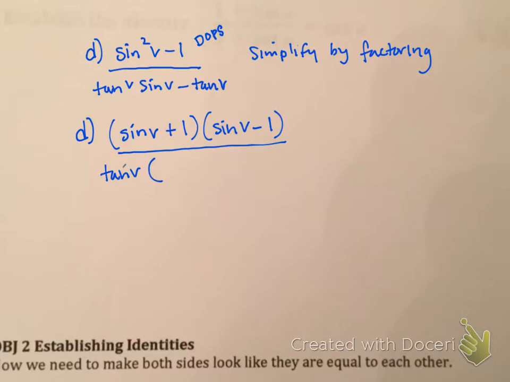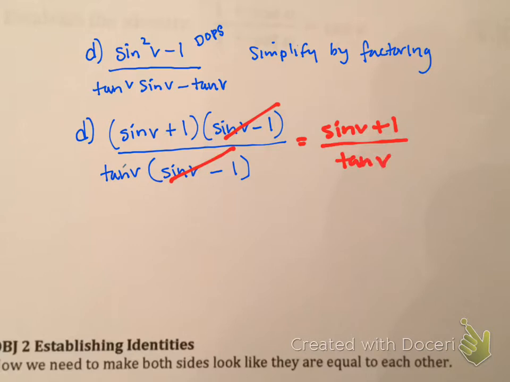And when I take that out, I divide each of my terms by tangent v, and I'm left with sine v minus 1. Okay, at this point, I can cancel sine v minus 1 because those binomials are exactly the same. And I'm left with sine v plus 1 over tangent v.